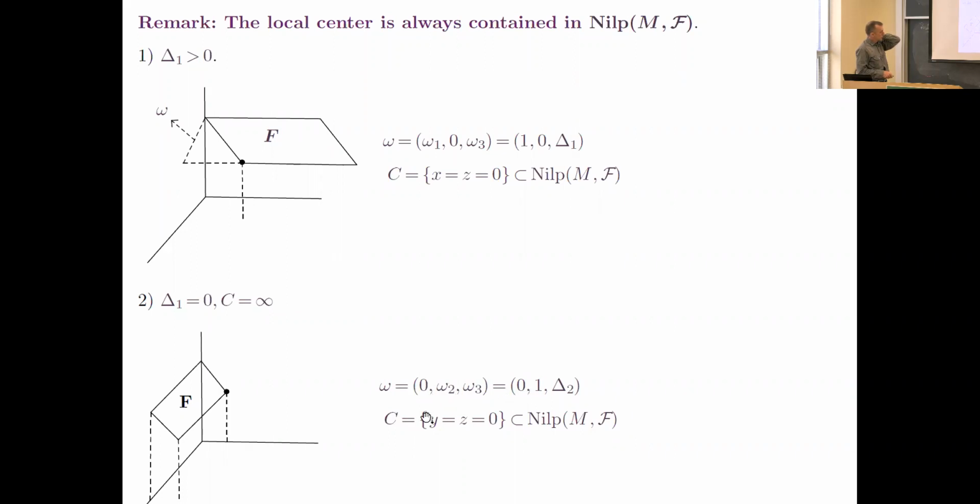And then, since we give weight 0 to the variable x, this corresponds precisely to blow up with weights omega 2 and omega 3 along the center given by the curve y equals z equals 0, which again is contained in the nilpotent locus. So the interesting thing is that the resolution, this procedure, never touches points which are not on the nilpotent locus.